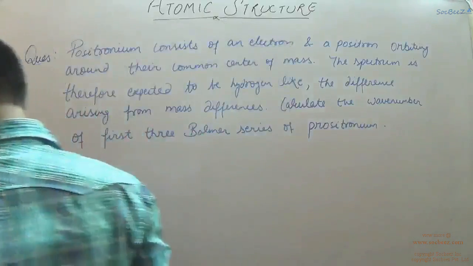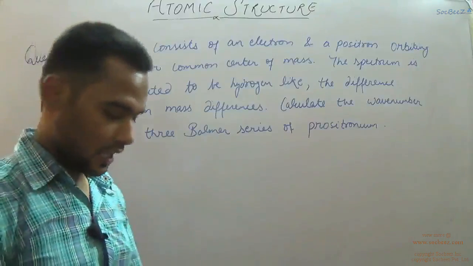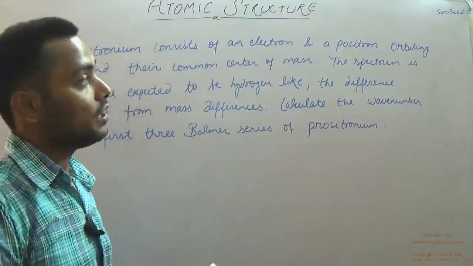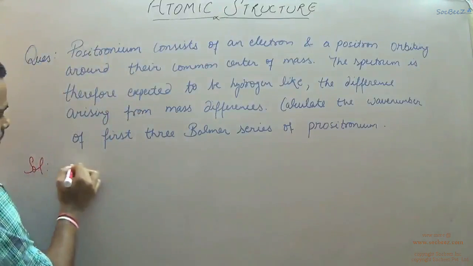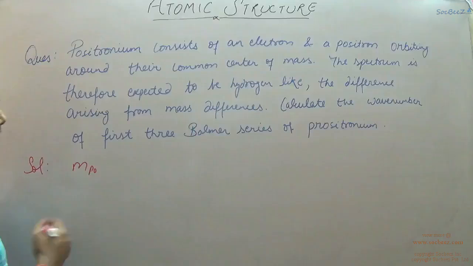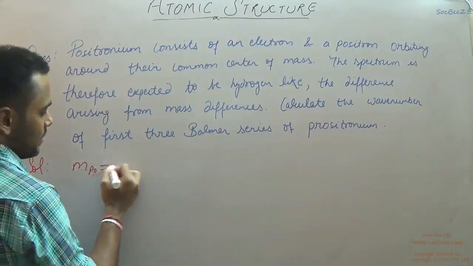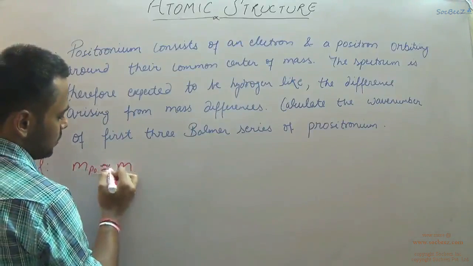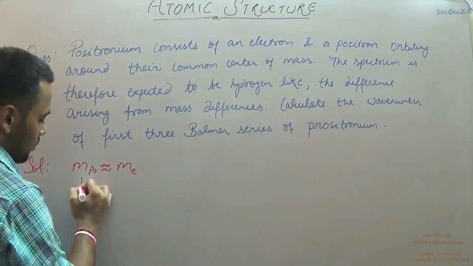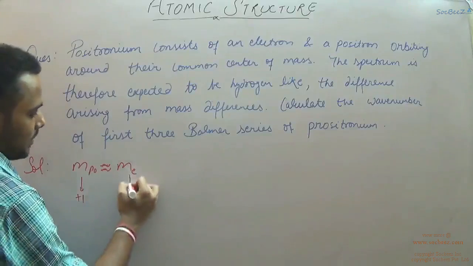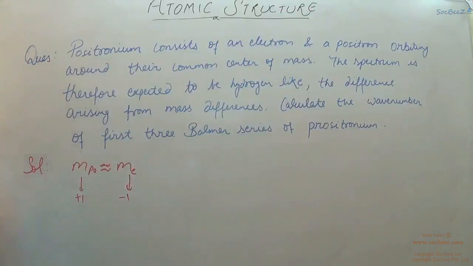Now here, the one thing that we need to know is that the positron, suppose m_po is the mass of the positron, has a mass almost equal to that of an electron. But the charge of the positron is +1 unit, whereas the charge of an electron is -1 unit.